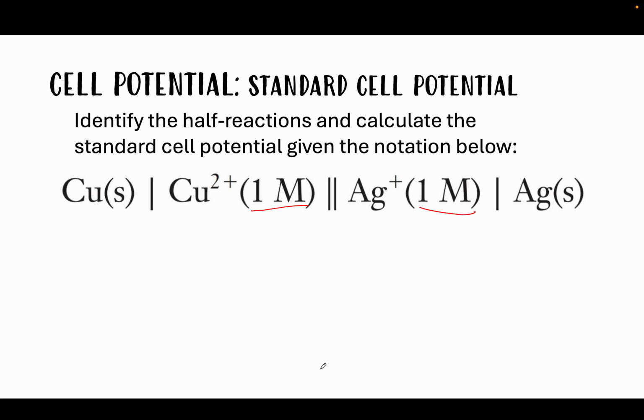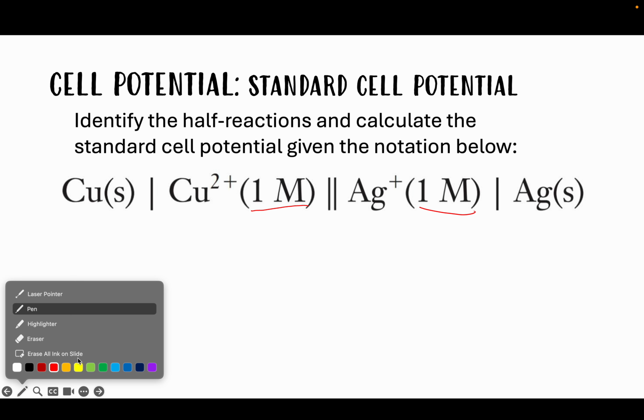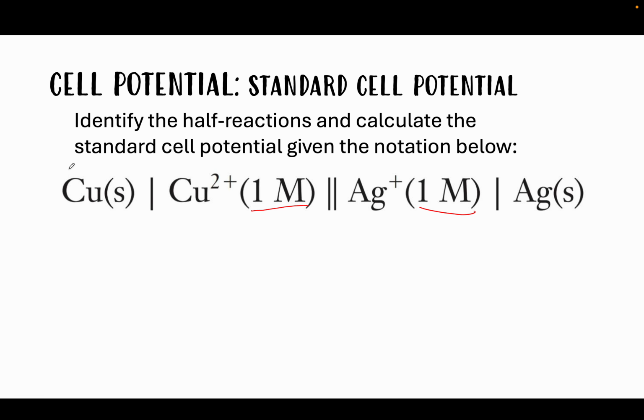So from here, we can write our half reactions. Let's have here the anode. We know that this is oxidation.